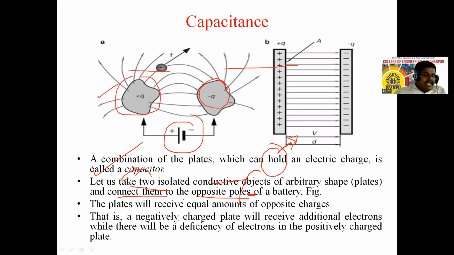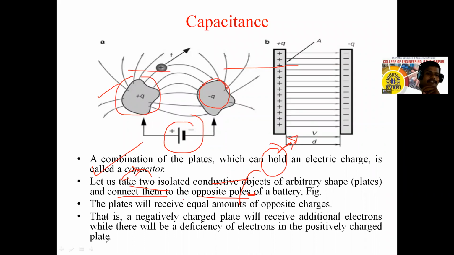The plates will receive equal amounts of opposite charge, right? That means the negatively charged object will receive negative charge from the battery, and the positively charged object will lose some electrons to the battery. So the plates will receive equal amounts of opposite charge: the negatively charged plate will receive additional electrons, while there will be a deficiency of electrons in the positively charged plate, right?